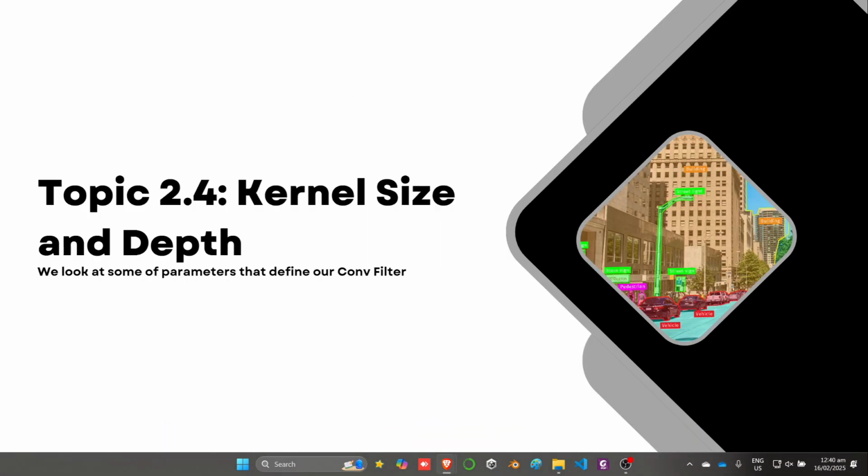So now let's take a look at kernel size and depth. These are some parameters that control the size of our convolutional filter and control the size of our feature map as well.